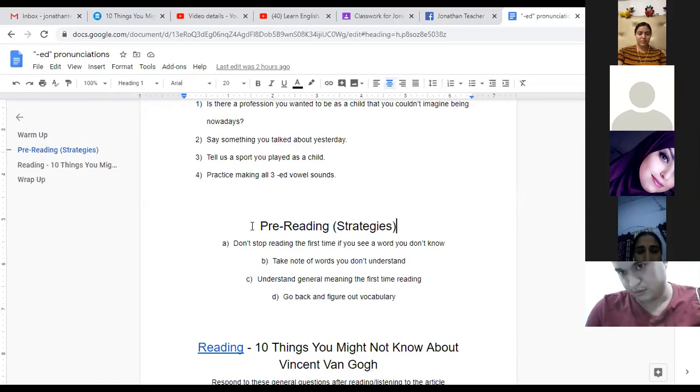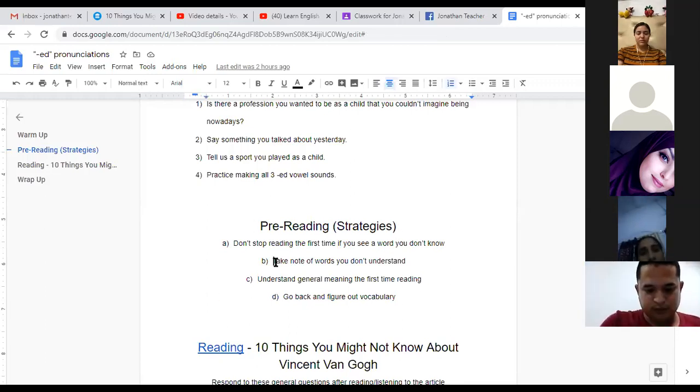That means when you are reading something for the first time, don't stop reading if you see a word you don't understand. Skip the word and go back later. Your eyes should not stop moving the first time you read it. Your eyes should just move left to right, top to bottom until you're finished.